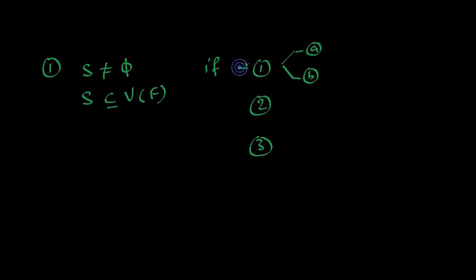What condition 1 says is that for all a and b vectors of S, a plus b also belongs to S. So if we take any arbitrary vectors a and b from S, then there should be a vector a plus b that is also in S.